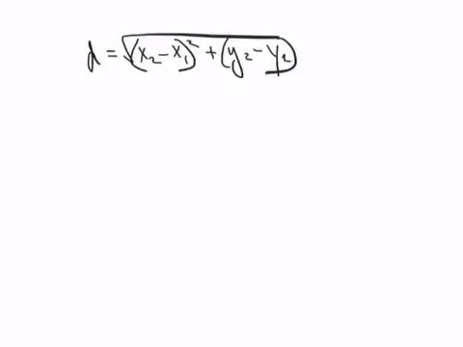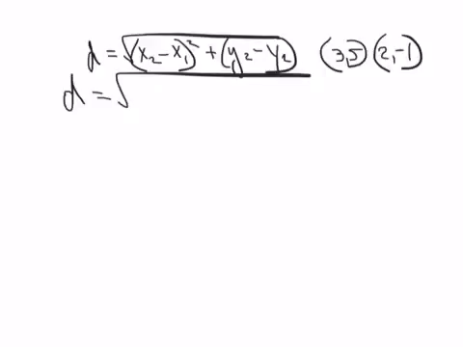So for example, example 1 says we've got 2 points, (3, 5) and (2, -1), and they want to know how far it is between those points. Well, we get d equals the square root of one of the x's minus the other x, squared, plus one of the y's minus the other y, squared.